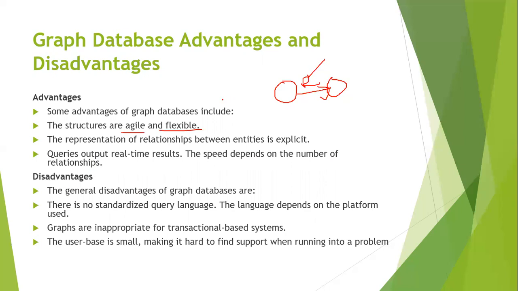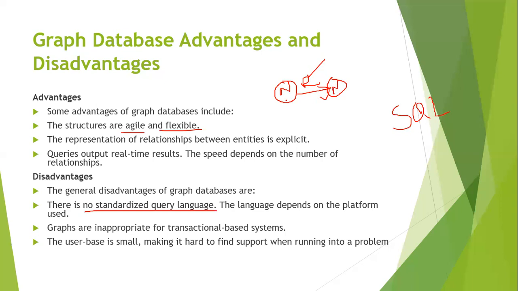But what drawbacks do we have? For the graph database, there is no standardized query language. That means to retrieve data from the database in RDBMS, we have SQL, that is structured query language. But to retrieve the data from these nodes, the node contains data.